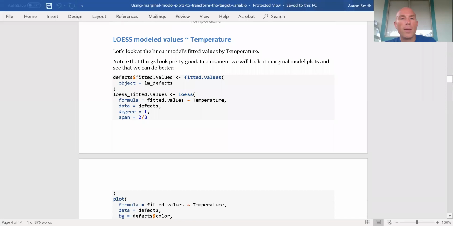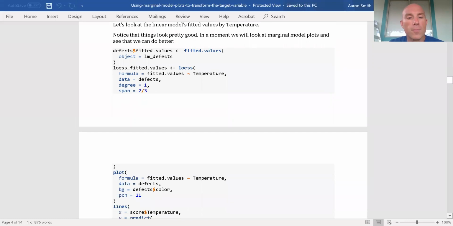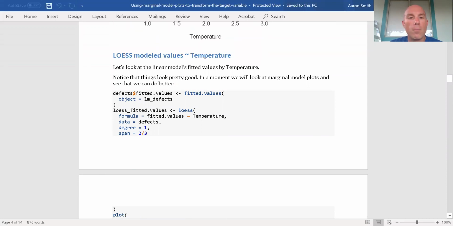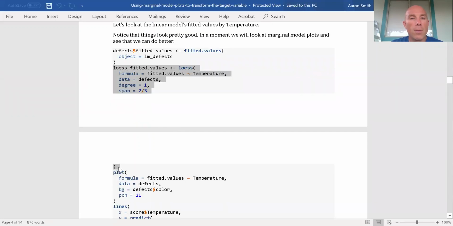All right, and we go ahead and get the fitted values. Here we got the fitted values from the linear model, and here we get the fitted values from the lowess model.